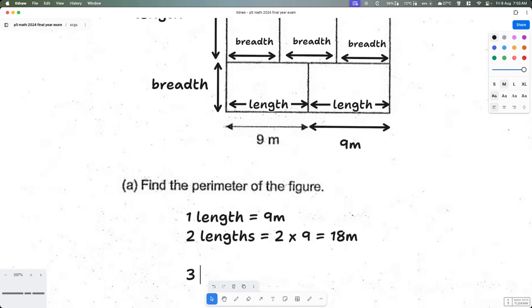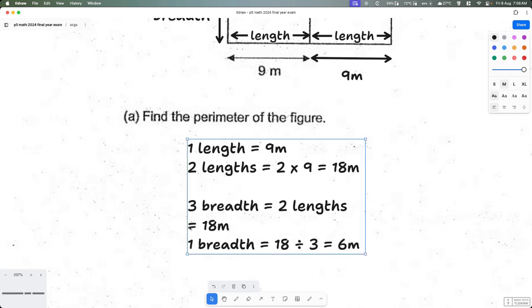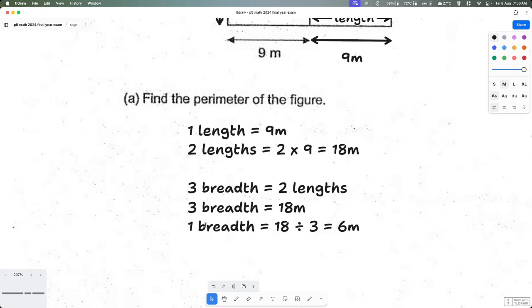So 3 breadth is equal to 2 lengths, which is equal to 18 meters. So one breadth is equal to 18 divided by 3, in this case 6 meters. So I'm gonna put like this: 3 breadth is equal to 18 meters.